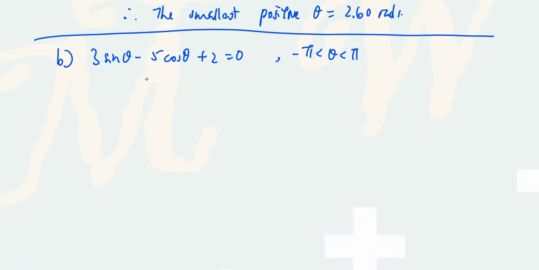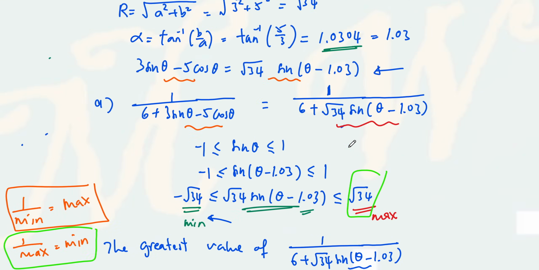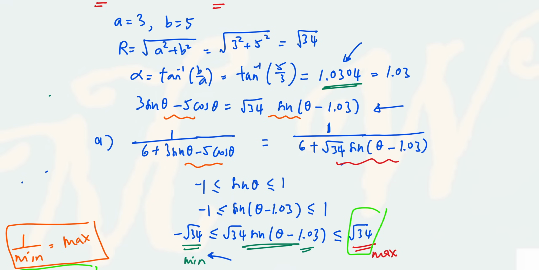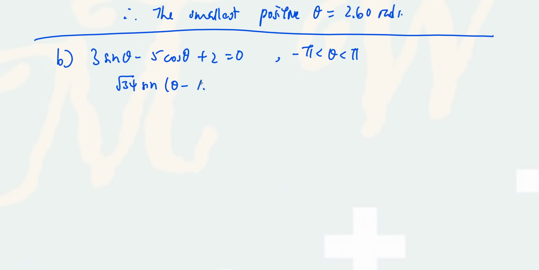On the left side, I will replace the first two terms by the harmonic form. The harmonic form is square root 34 sine theta minus, instead of 1.03, I will use the more accurate value 1.0304, then plus 2 equals 0.